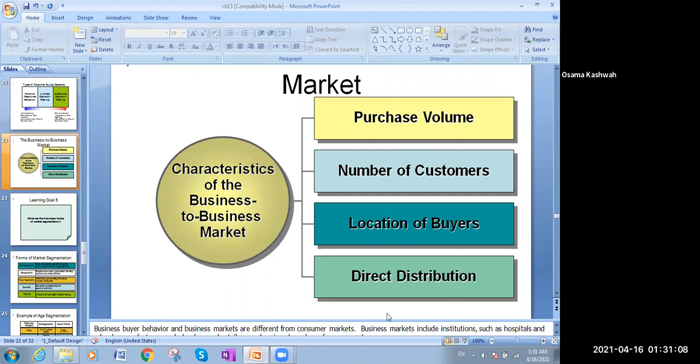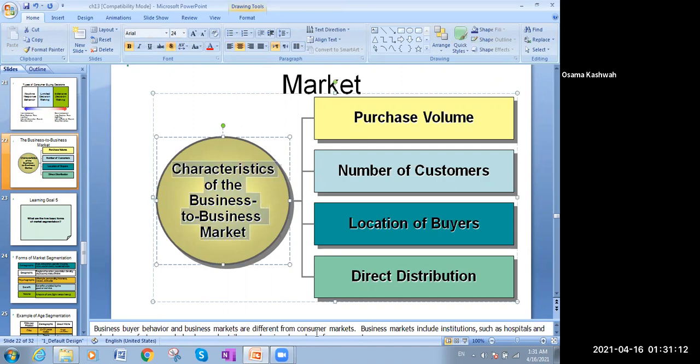So, characteristics of business to business, B2B marketing. Now we are going to talk about electronic marketing, e-commerce. What are the characteristics? The purchase volume, is it small or too much? Number of customers, how many are they, huge or a little bit?